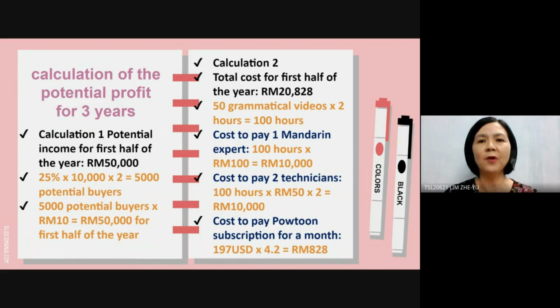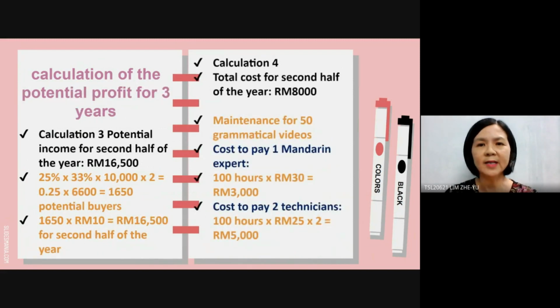For the first half of the year, the potential income is RM 50,000, as we assumed 25% of the 20,000 Mandarin learners in Malaysia will purchase the product at RM10. The total cost for first half of the year is about 21,000 ringgit, as the cost for the work of 100 hours and the cost for subscribing Powtoon for a month.